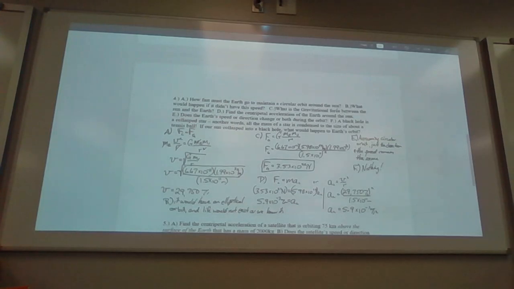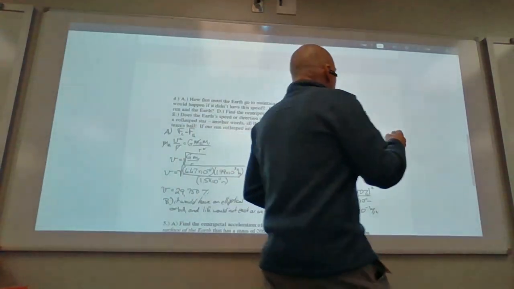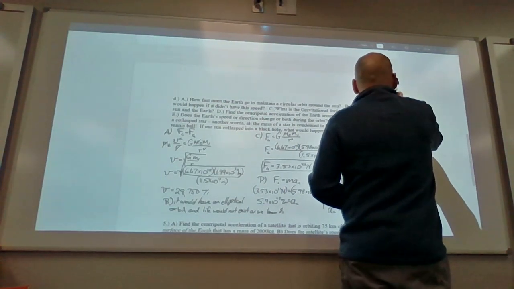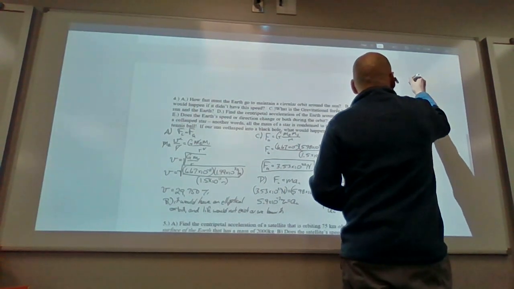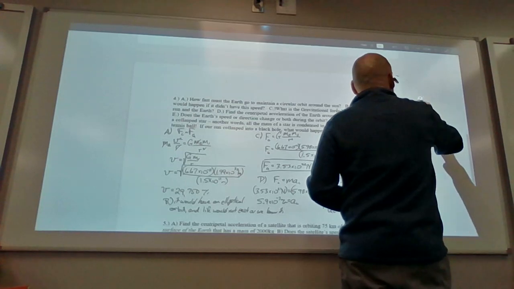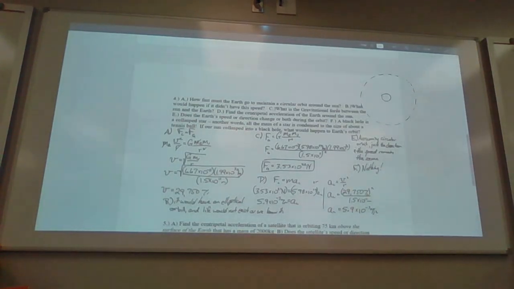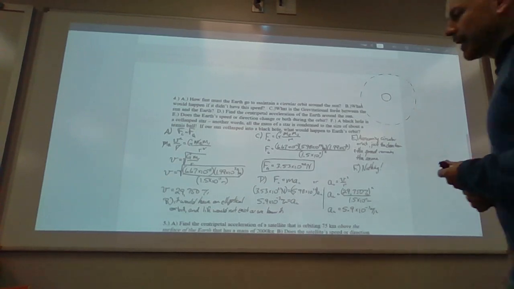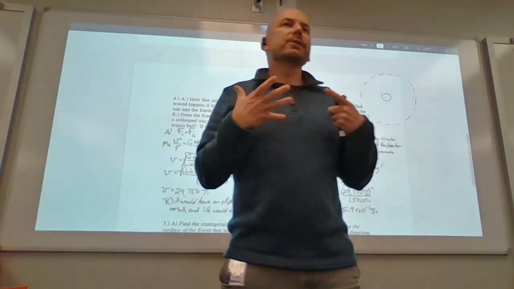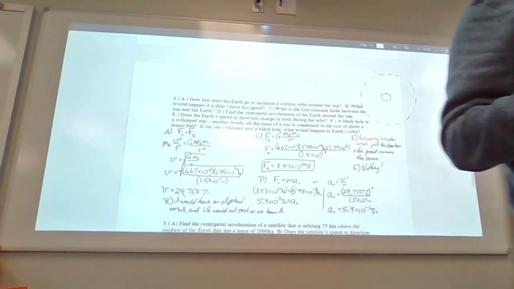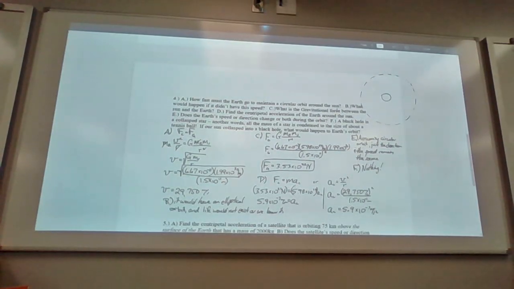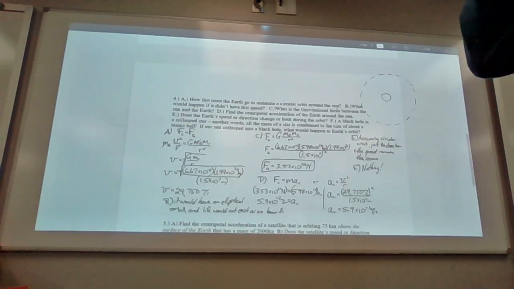Okay. So here's the sun, here's the earth. A black hole. Our sun is not massive enough to form a black hole at the end of its life. It takes a really big star.